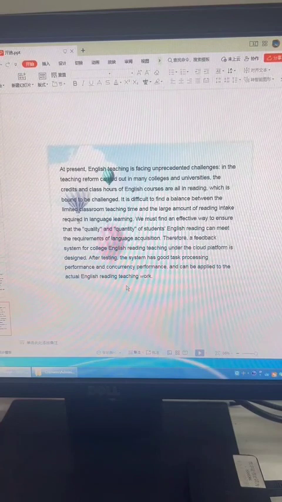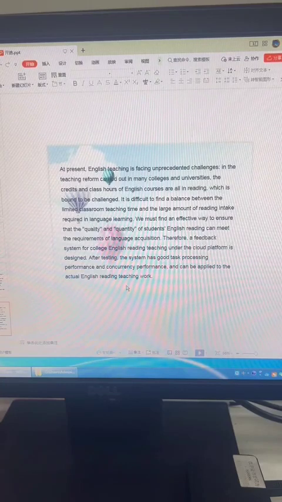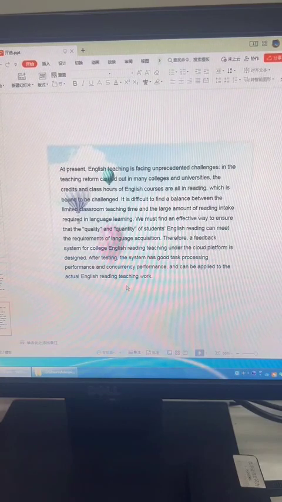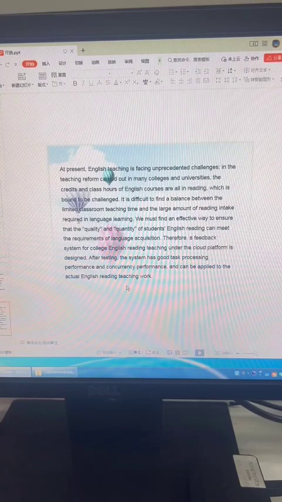It is difficult to find a balance between the limited classroom teaching time and the large amount of reading intake required in language learning. We must find an effective way to ensure that the quality and quantity of students' English reading can meet the requirements of language acquisition.